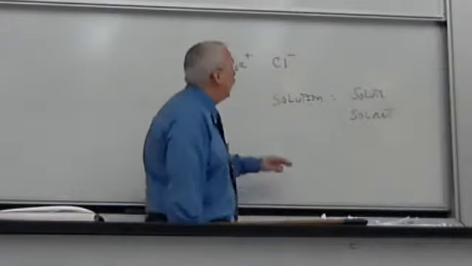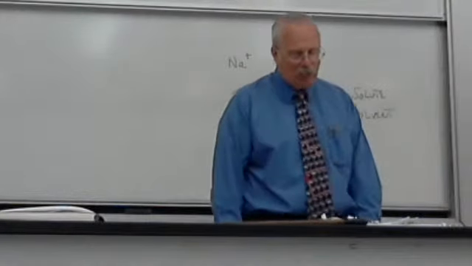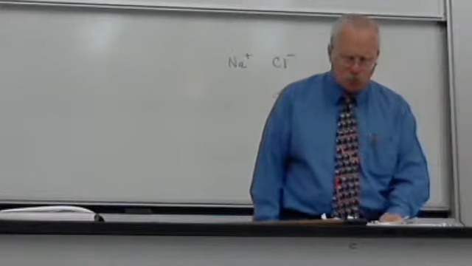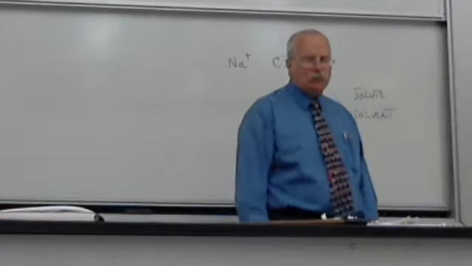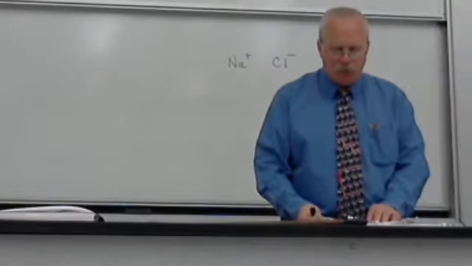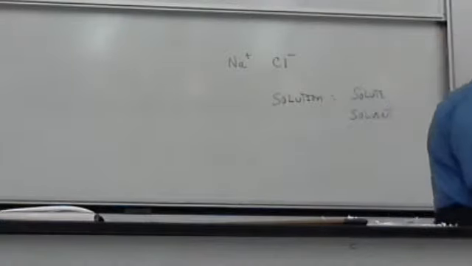And in the case of ionic materials like sodium chloride, these solutes will dissolve and dissociate into the solution. Again, not all substances dissociate. Sugar is a good example of something that dissolves but does not dissociate.